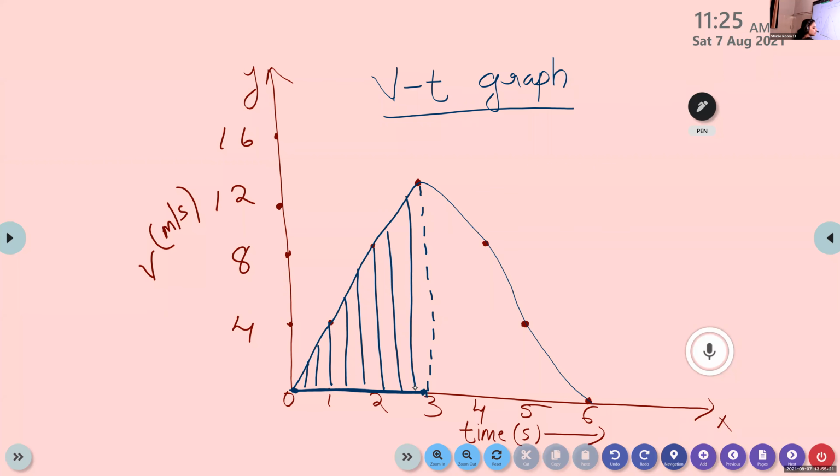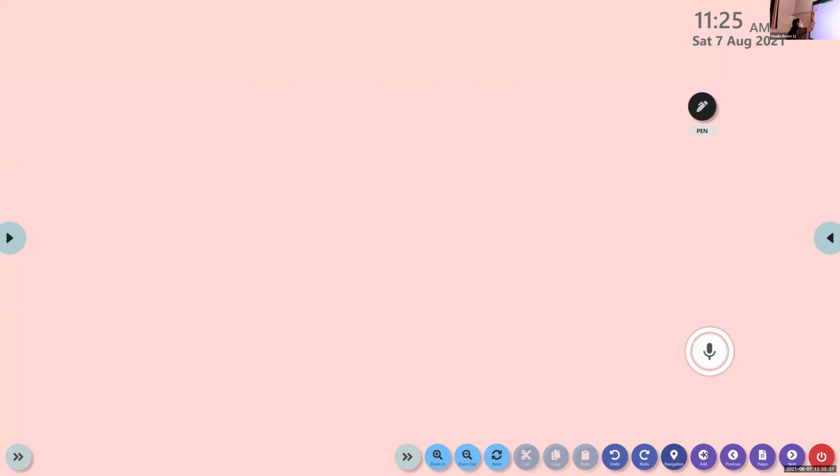So we can write the answer to the next sub question as: displacement is equal to the area under the velocity time graph.